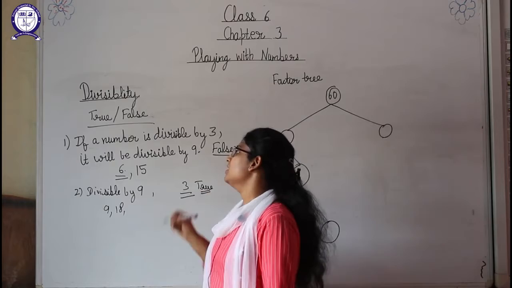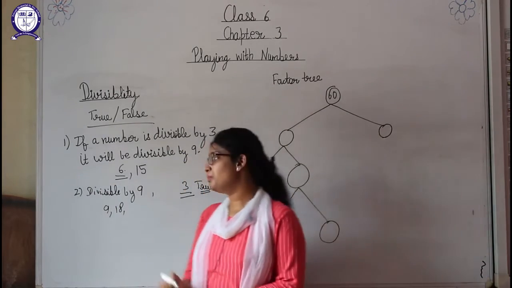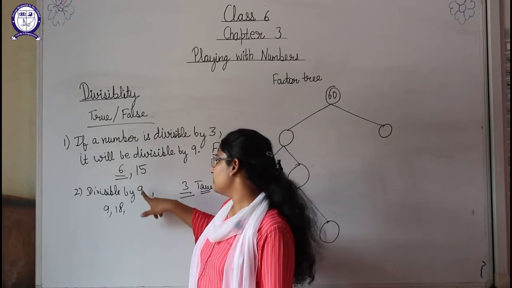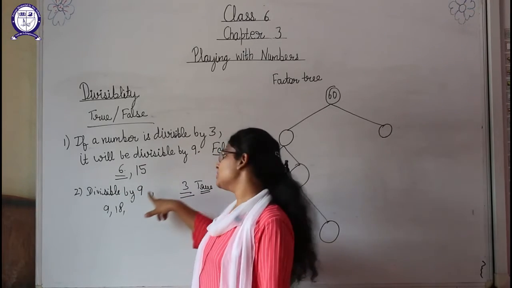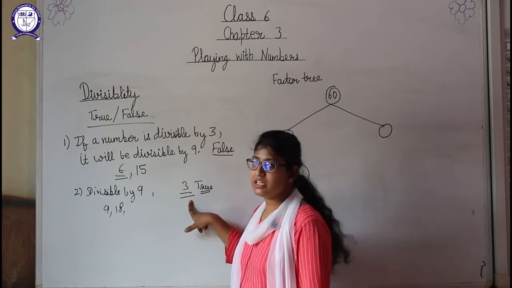So students, in this you can see that if the numbers are divisible by the bigger number, meaning 9, then they can be divisible by the smaller, meaning 3, as 9 is also divisible by 3.